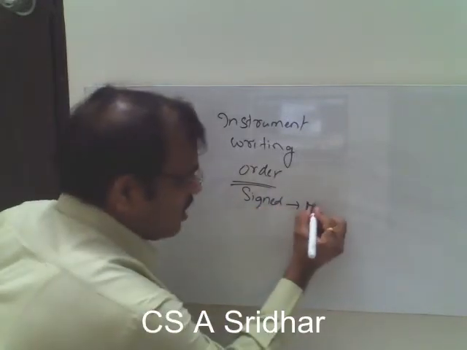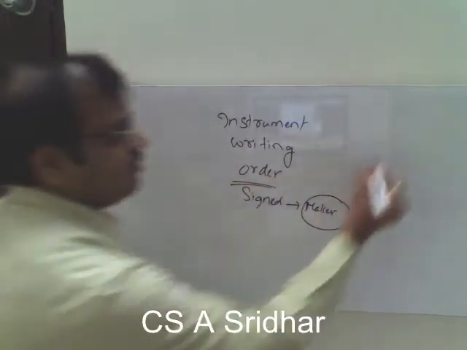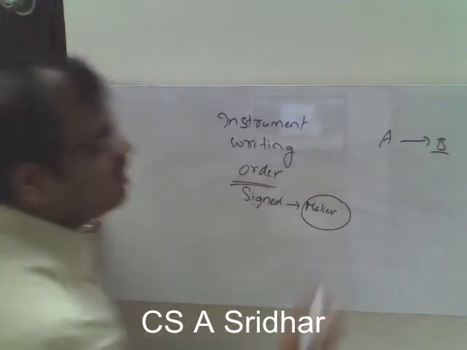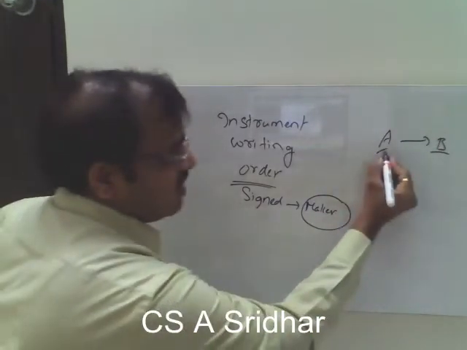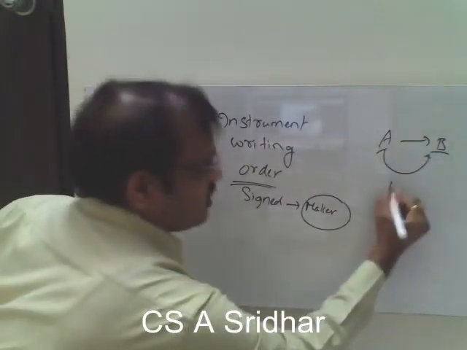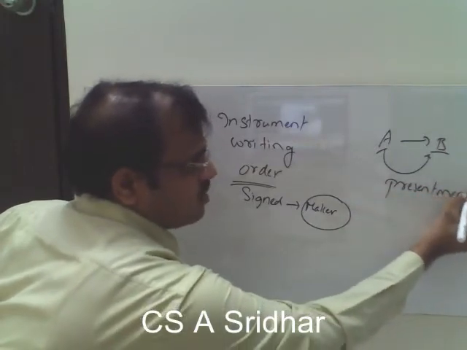Who is signing? The maker. Here we have to remember, when A is giving the order to B, A shall do the signature. After doing the signature, generally A will give the instrument to B. Technically, it is called as presentment.